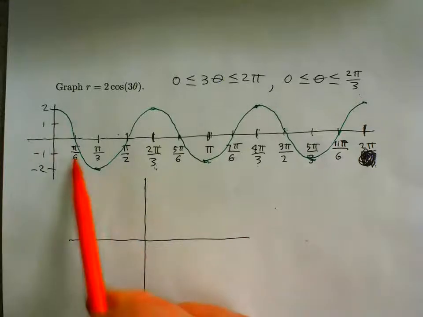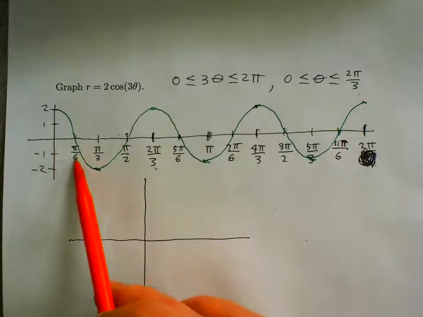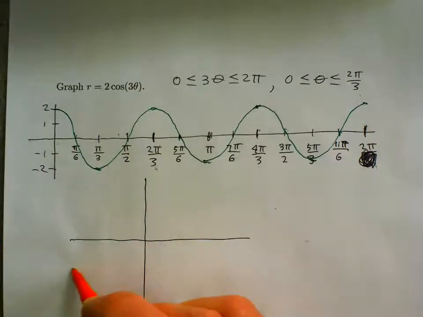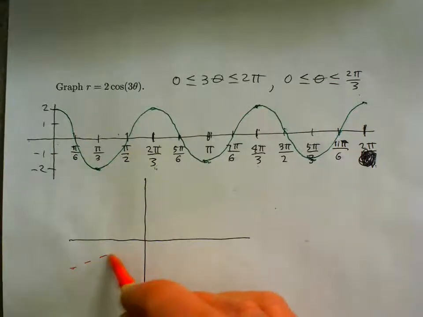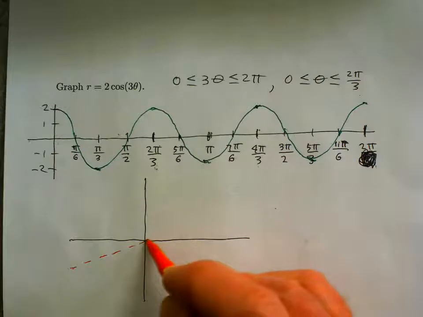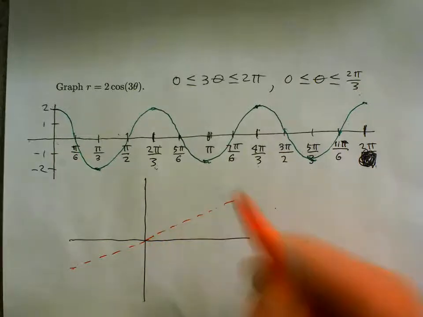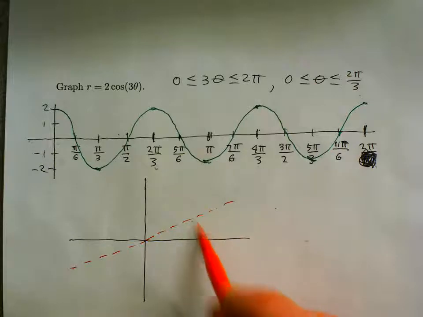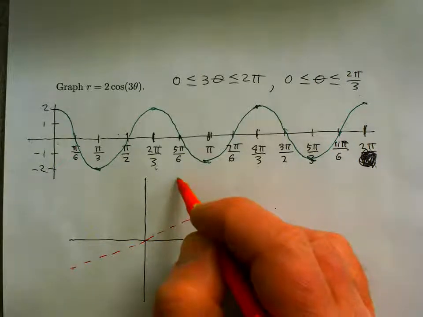So since each of those subintervals is of length pi over 6, we'll subdivide the polar plane so that each one of those corresponds to pi over 6 degrees.